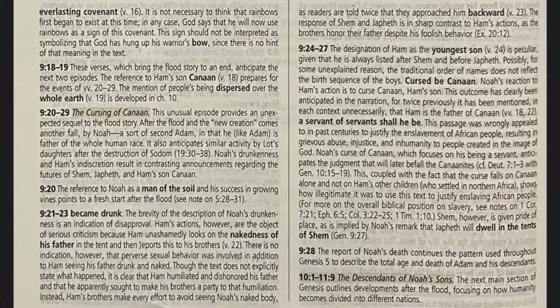Not necessarily Ham toward Noah, but Ham toward his mother. And the reason why biblical scholars think that there is something going on between Ham and his mother, Noah's wife, is because of the emphasis on Canaan.